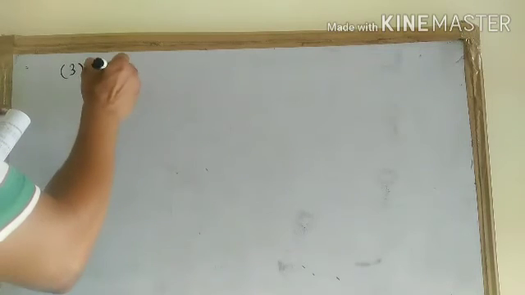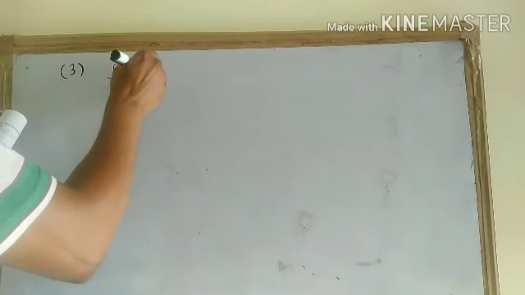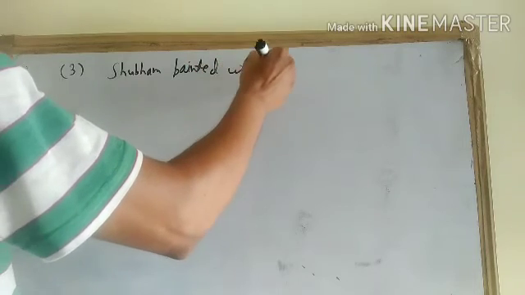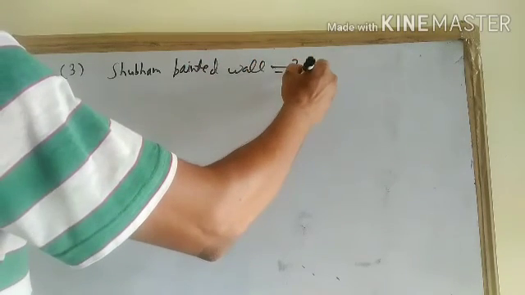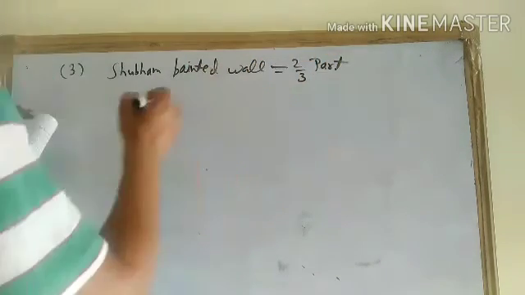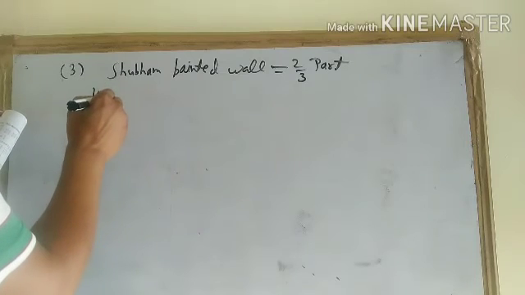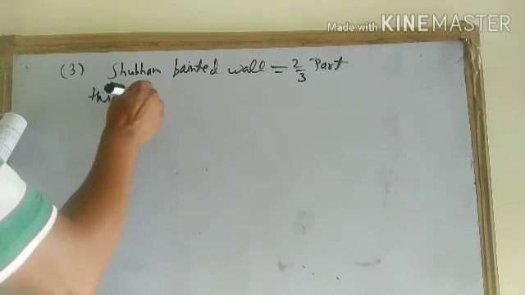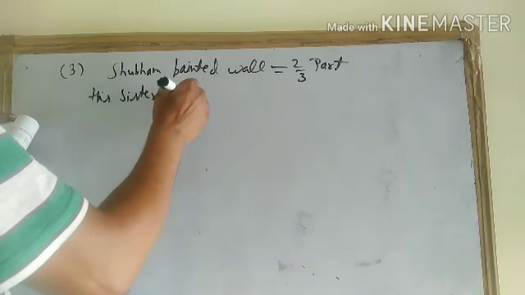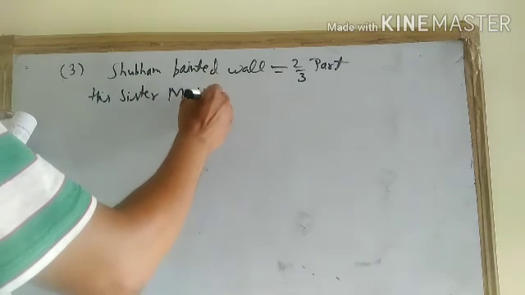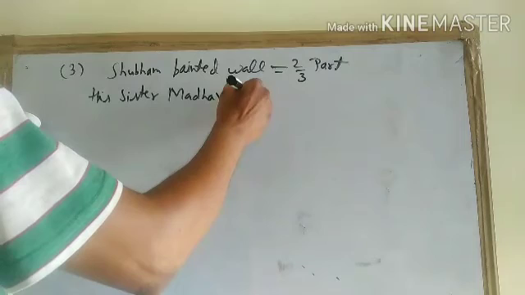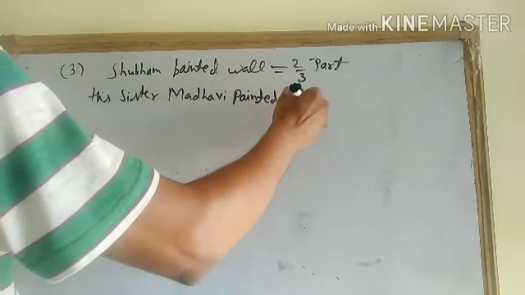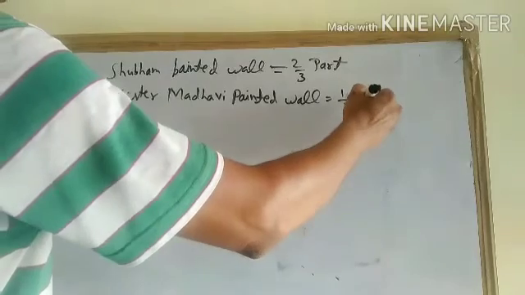So first of all write Shubham painted wall equal to 2 by 3 part, his sister Madhvi painted wall equal to 1/3 part.